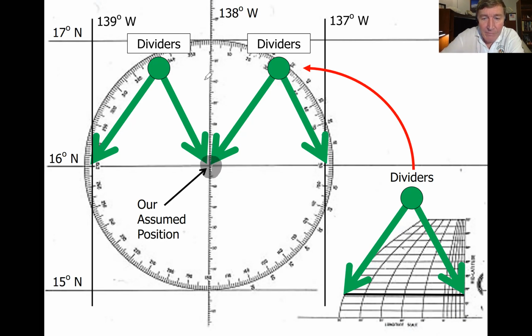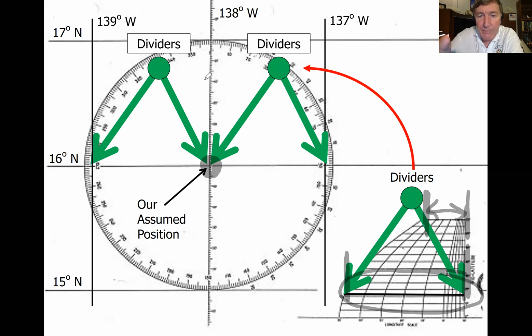By using the dividers here, this tells us the distance that corresponds to 1 degree of longitude at this latitude. Notice if we go up a lot higher, at 80 degrees latitude, the separation between the vertical lines would only be this much, because the further north you get, the closer together the lines get, right?